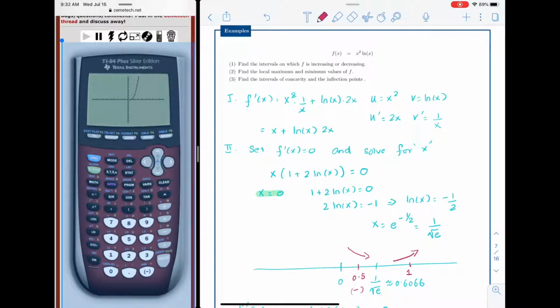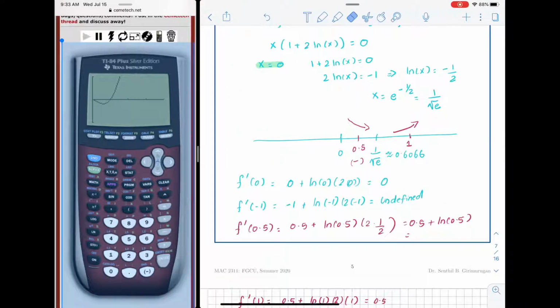And you can see that the function is, adjust the window, is going of that sort.